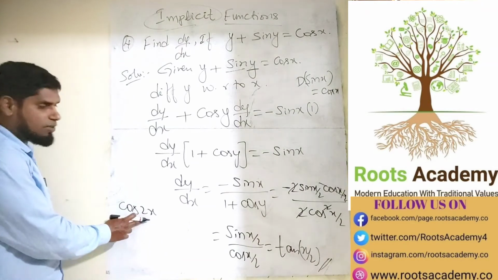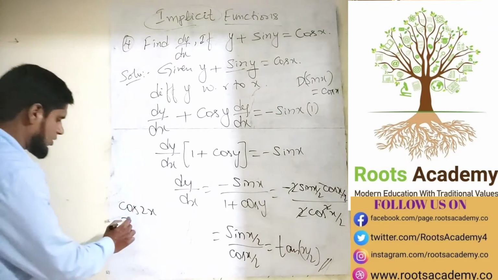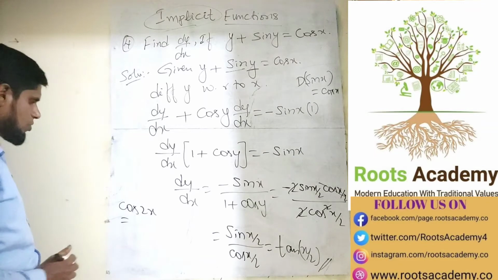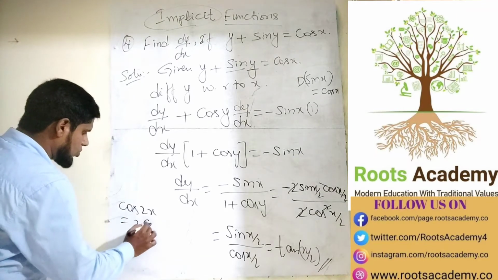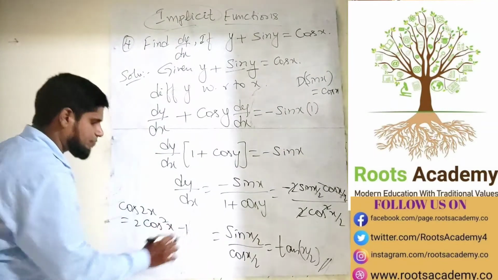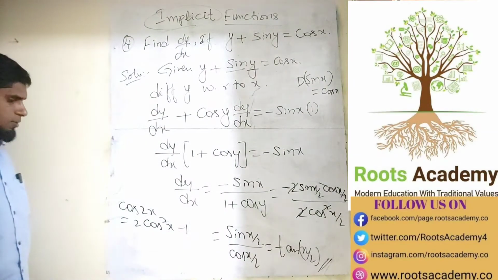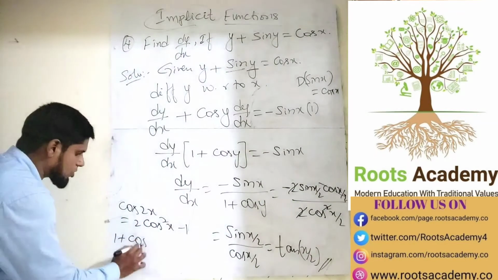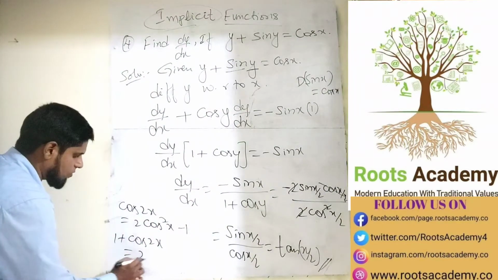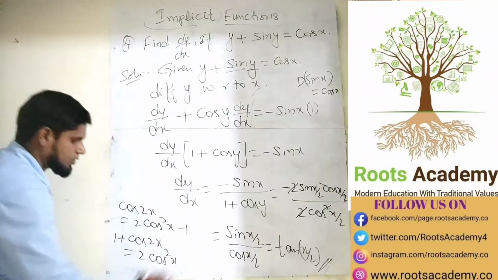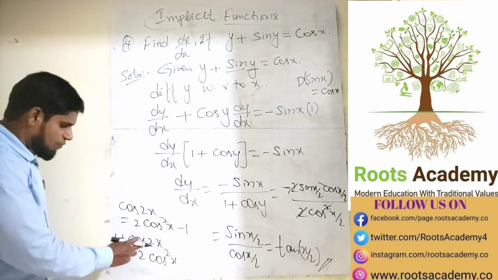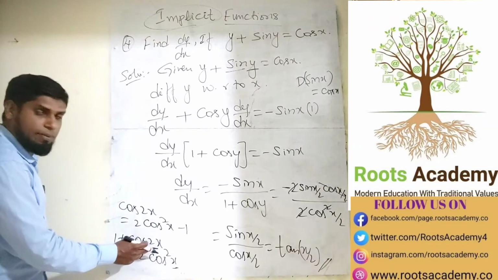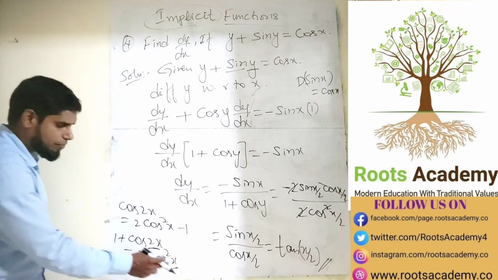The purpose of taking the second one is that it is positive here. 1 plus cos y is the second formula, 2 cos square x minus 1. This is the second formula. In this, student, I will shift this minus 1 to the other side. I will get 1 plus cos 2x, and that is equals to 2 cos square x. So in this formula, again, wherever there is an angle, there I divided by 2. Multiple angles are converted to half angles.